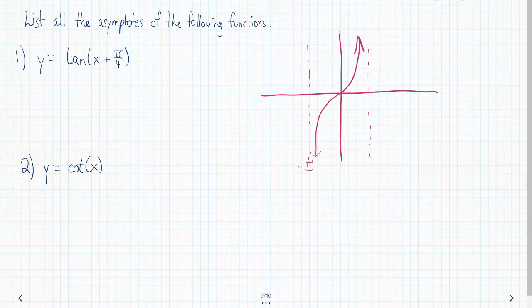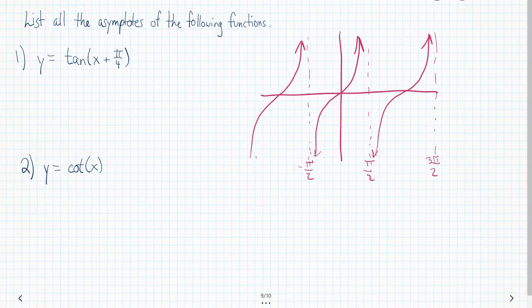So this is negative pi over 2, this is pi over 2. This is going to be 3 pi over 2. I could continue that trend in the other direction. This would be negative 3 pi over 2.